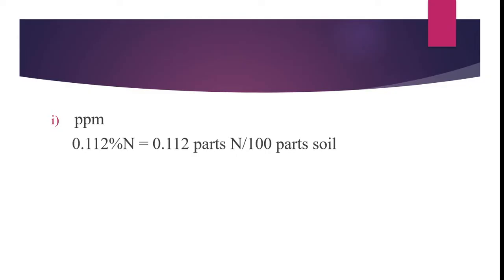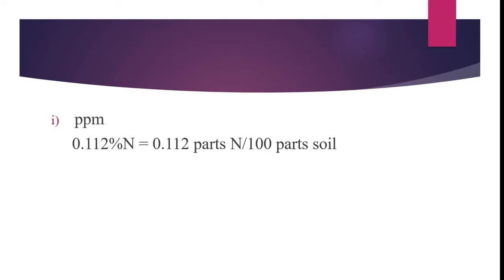If you say 60% boys, it means that in 100 students, we have 60 of them to be boys. That is the interpretation of percentage. So 2% means that in 100 of the lot, we have two to be something. You understand? So over here, 0.112% nitrogen.